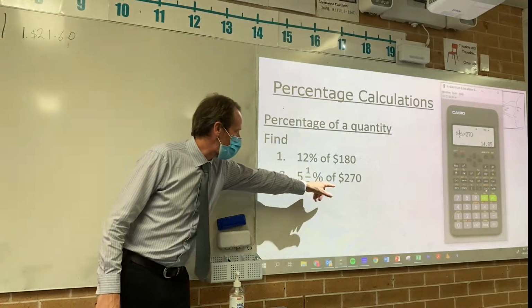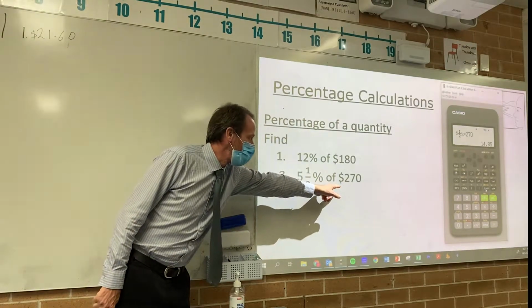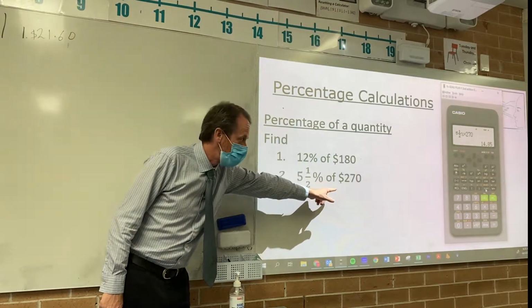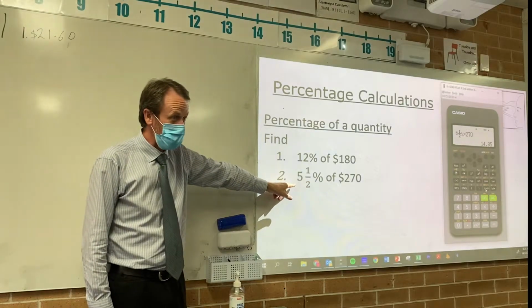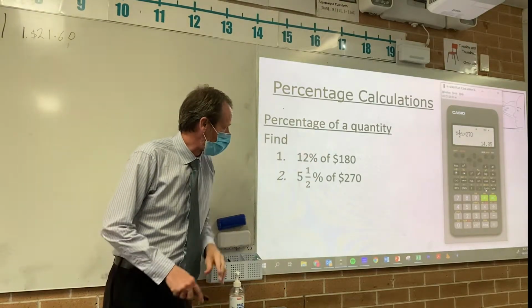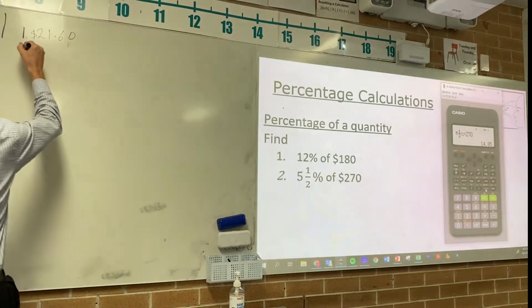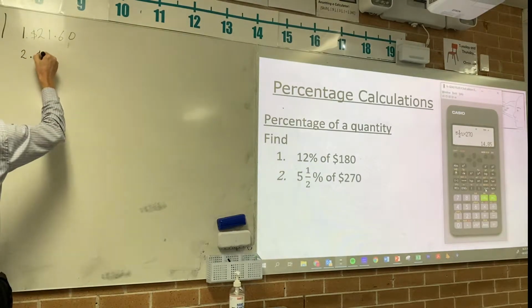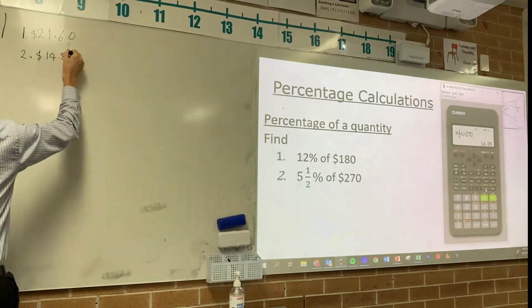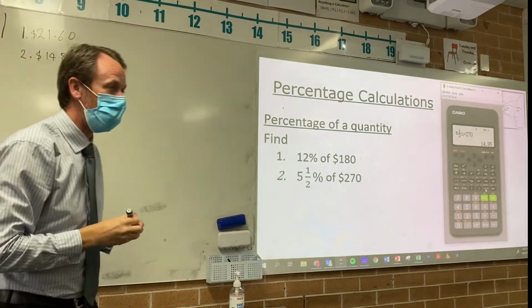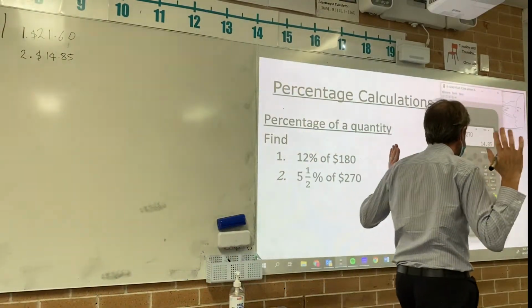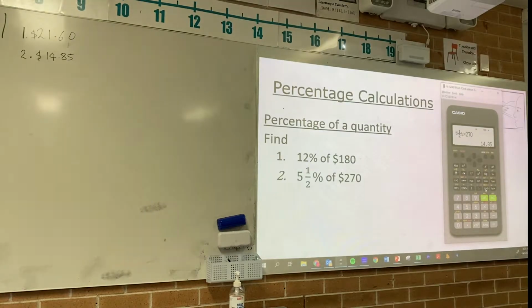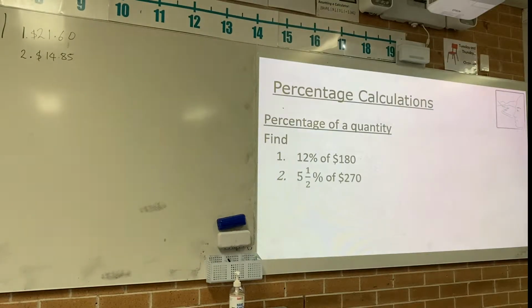If it was 10%, it'd be $27. I divide that by 2 because it's 5%. $14.85 sounds about right. So always be doing estimates as you do these questions. So to find a percentage of a quantity, just type it in your calculator.